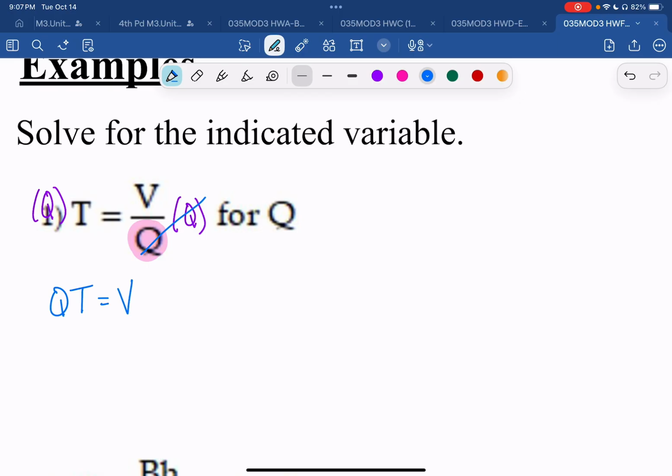And the reason that it does that is because now I can divide by t, make that t go away, and I'm left with just Q equals V over T, which is what I wanted.